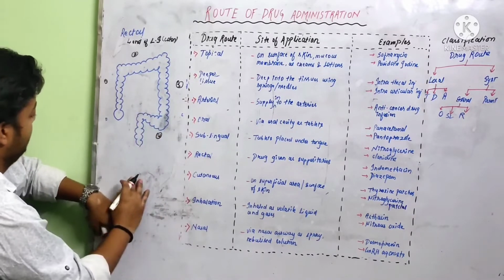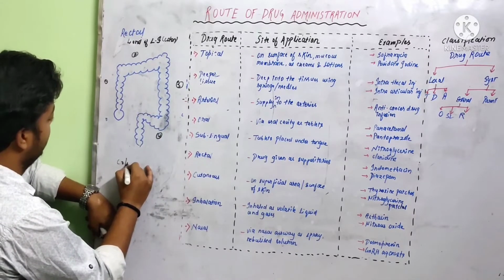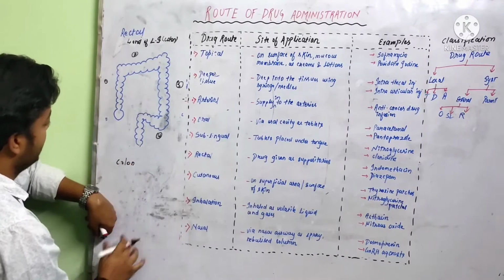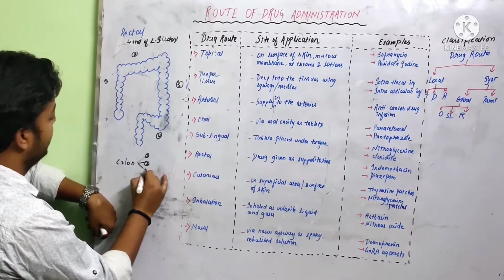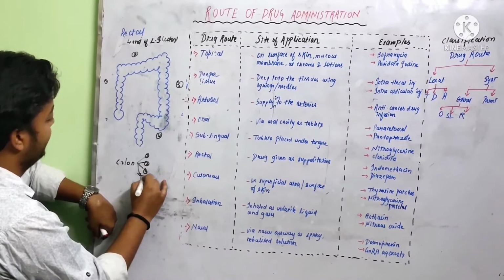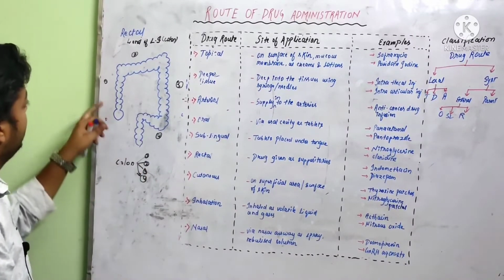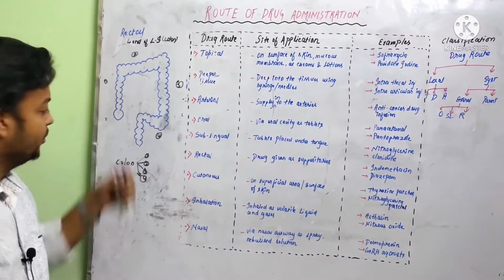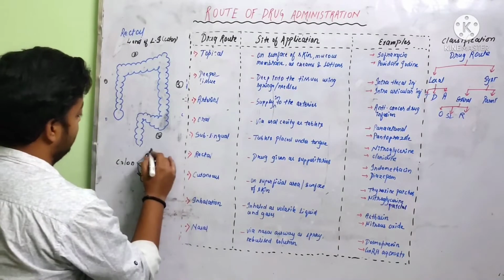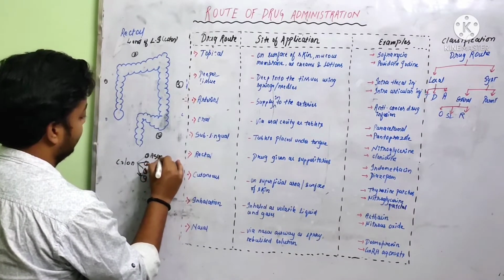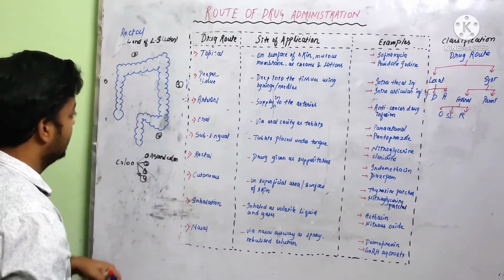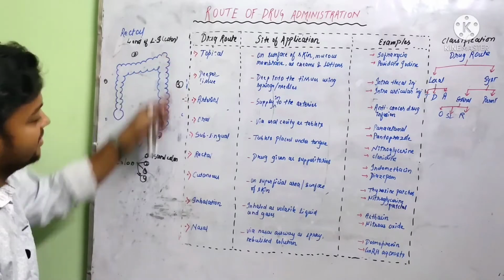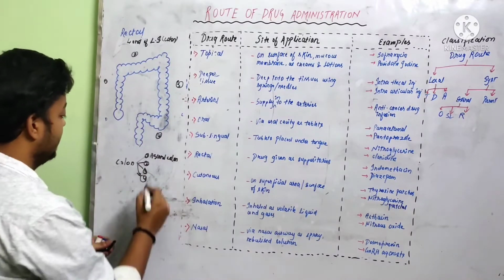So guys, let us classify this. We have the colon, that is the large intestine, and we have numbers 1, 2, 3, and 4. This part of the intestine ascends upward, so this is called the ascending colon. Now this part descends downward, so this will be called the descending colon.